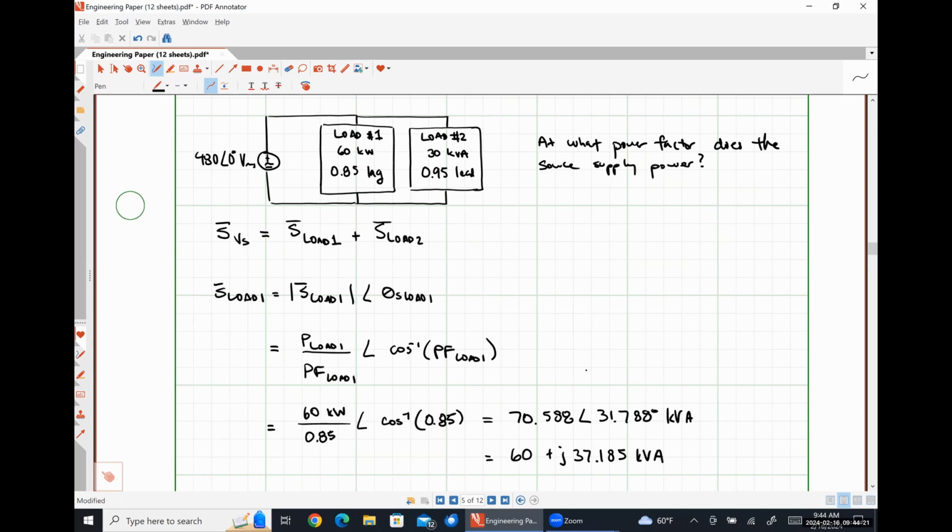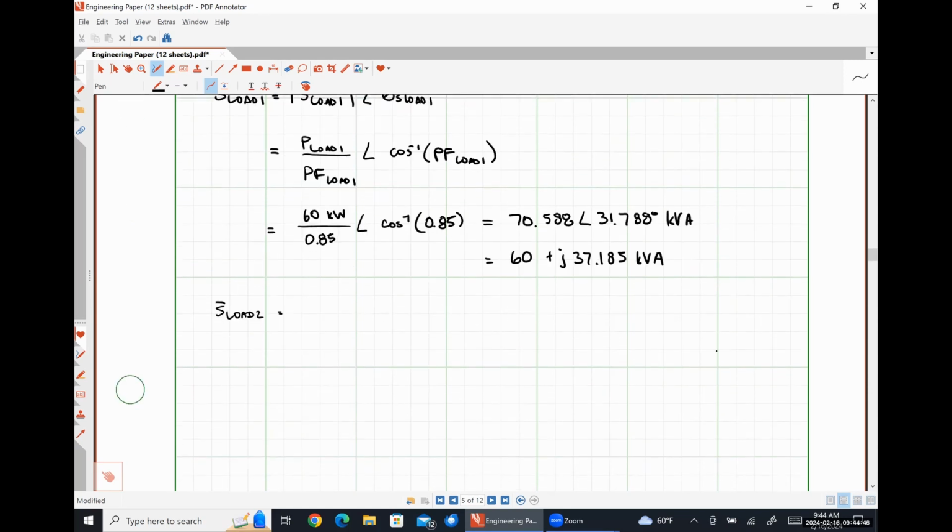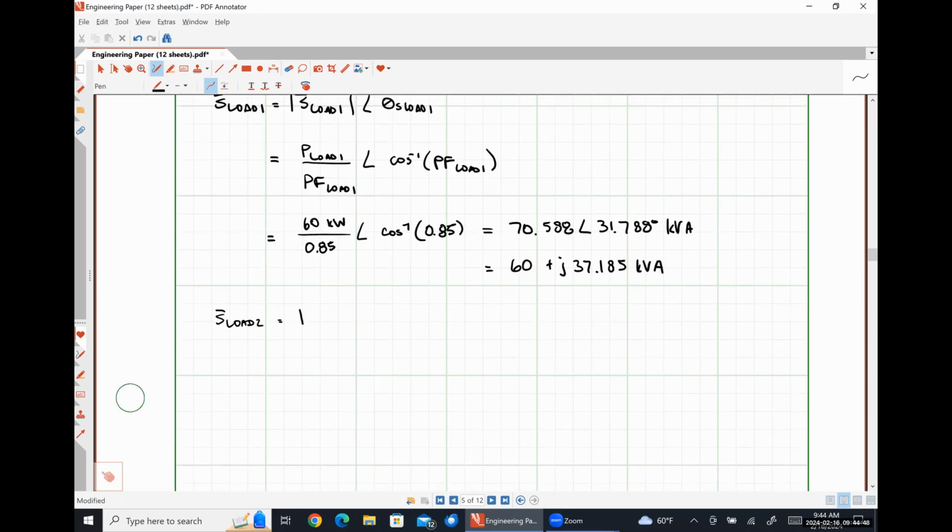Apparent power. So do we need to divide that by our power factor? No, because we already have the apparent power, right? We divide real power by the power factor to get apparent power. We already have apparent power. We don't need to do that division, right?